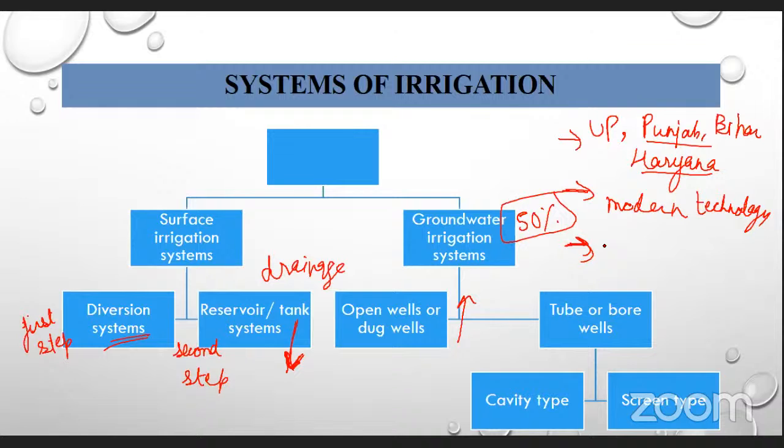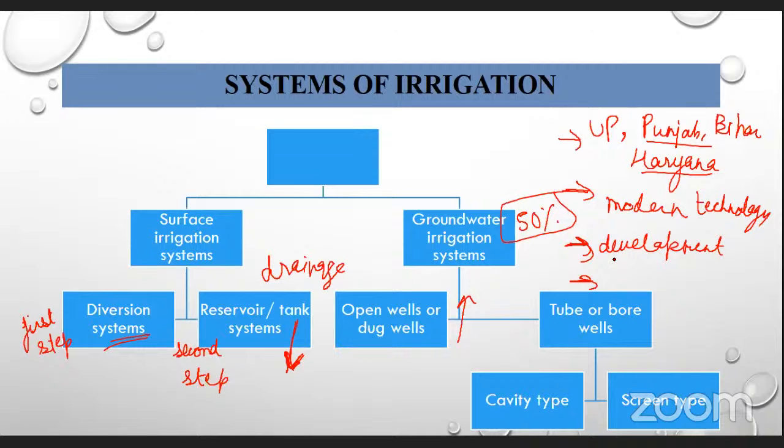And also there is financial support we are getting from private and government agencies for the development of wells after independence. Private and government subsidies are given to farmers for more and more well construction.